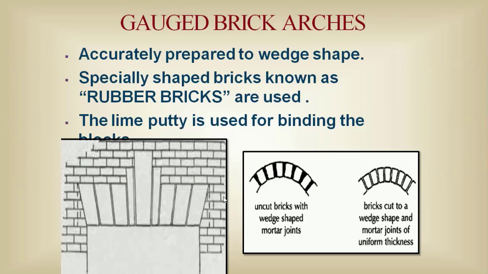Next is the gauged brick arch. In this type of arch, bricks are prepared to the exact size and shape required. They are cut by means of a wire saw and then filed neatly. The joints are uniform and hence the appearance is good. So we can provide the gauged brick arch.